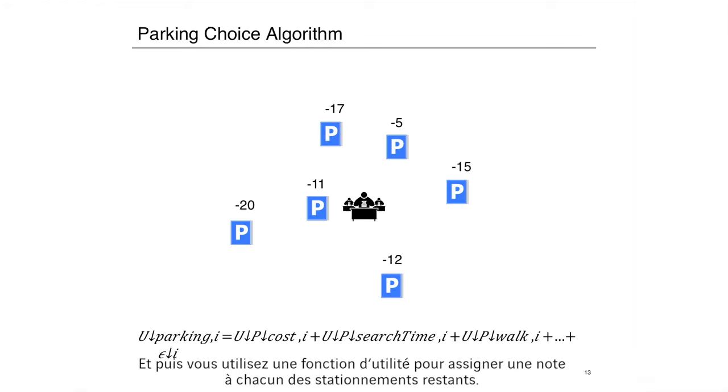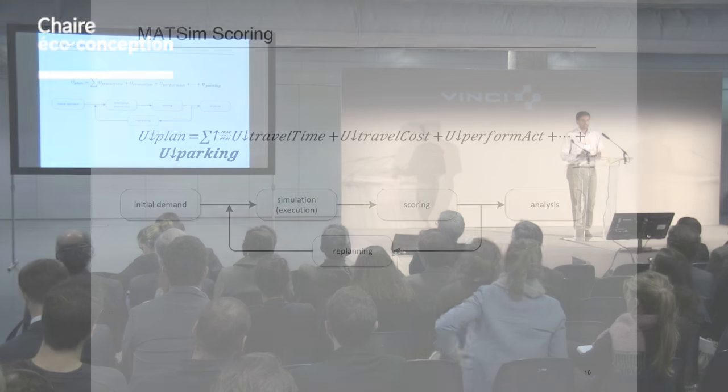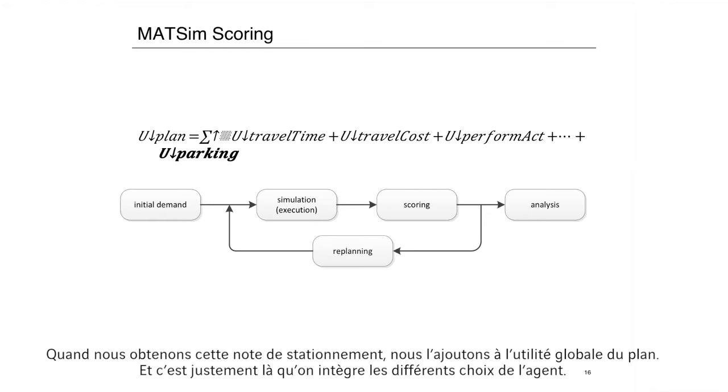And then you use a utility function to assign a score to each of the remaining parkings. When we get this parking score, we add it to the overall utility of the plan. And this is the place where you integrate the different choices of the agent.